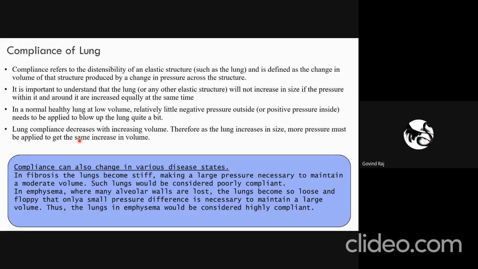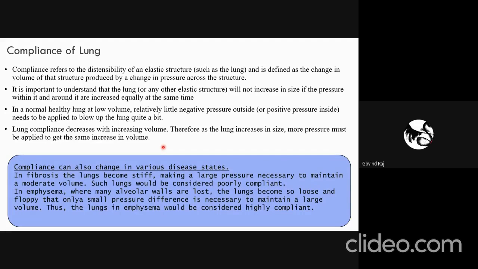The small person only has to apply a small pressure to increase his lung volume, but the larger man has to apply greater pressure or greater inhalation in order to produce a significant change in the volume.